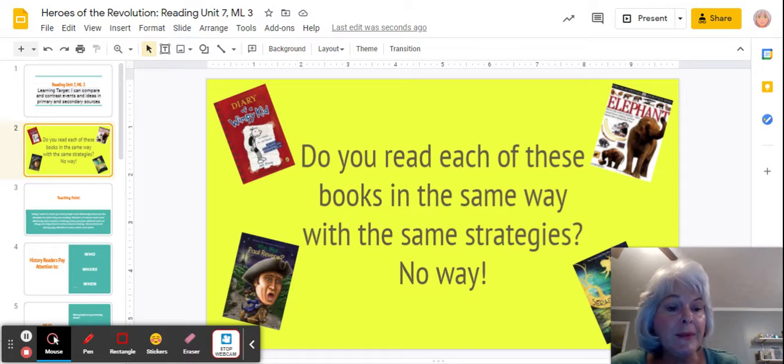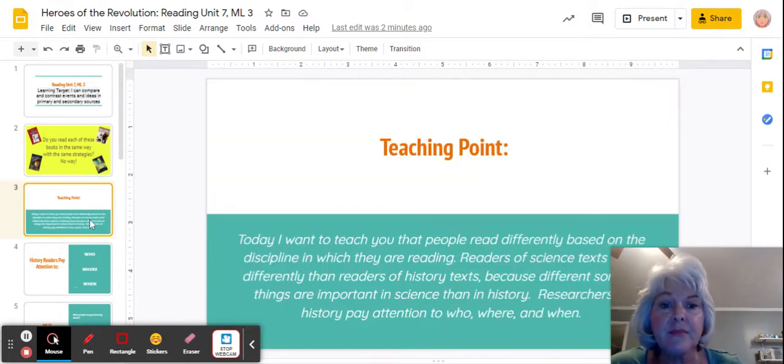If you were looking at a primary source, like in the Smithsonian Institute, it was an actual document, a photograph, or something important from that time period. Like with Thomas Jefferson, we were looking at the actual Declaration of Independence that he had helped to write. Are you reading that with the same strategy? Is that the same way that you're going to be reading that?